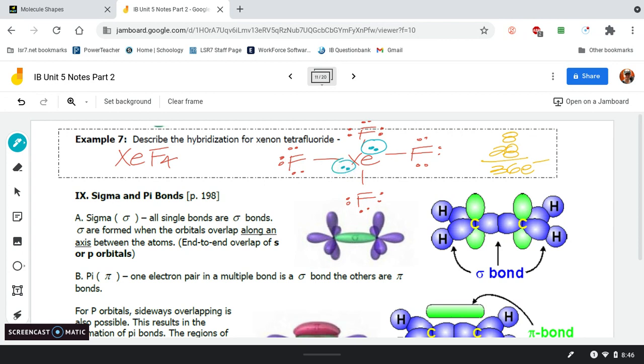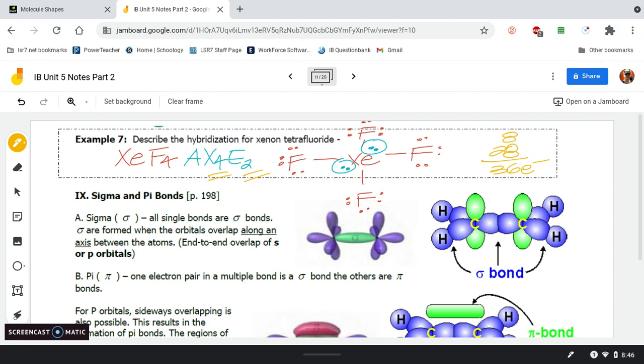So this is going to create an AX4E2. So I'm going to count the attachments, and then that's going to show me where to go. You could just look here, right? Add the X's and the E's, and there you go, 6. Or you can count the attachments.